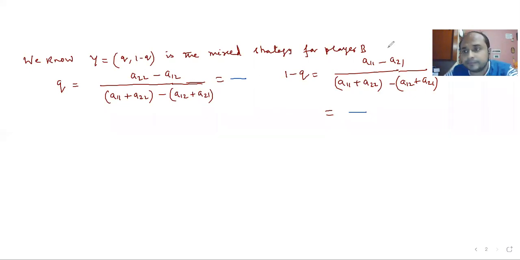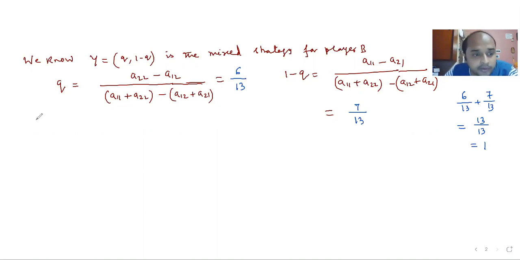How much is coming? 6 by 13. Okay, 6 by 13 or 7 by 13? 7 by 13. Now you see, if you add these two figures, 6 by 13 and 7 by 13, you get 13 by 13, which is 1.